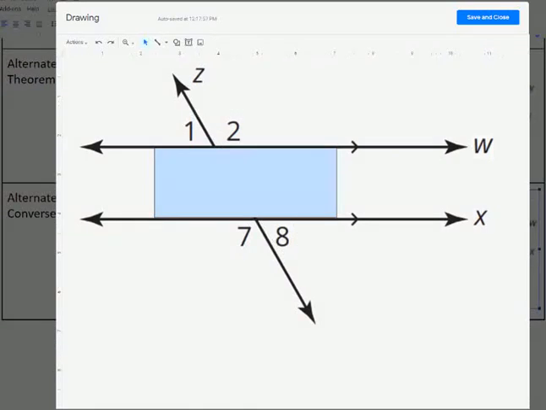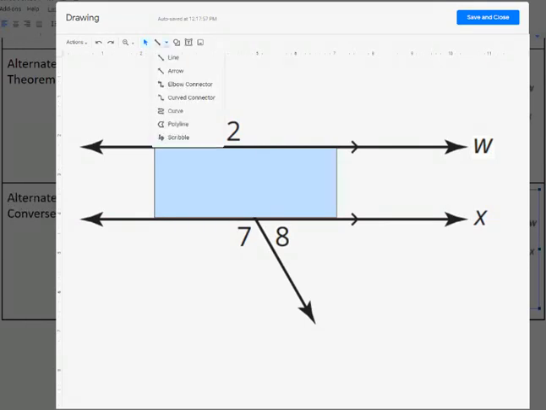Our last set of angles that we're going to pay attention to and look at today is your alternating exterior angles. So again, I've blocked off all of my interior angles so that we can just focus on the exterior angles. We are alternating, so we do have to go diagonal and opposite side of my transversal.